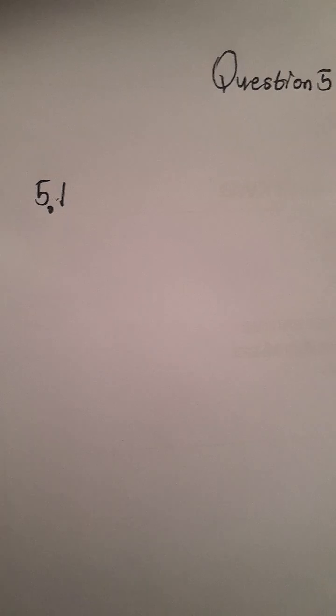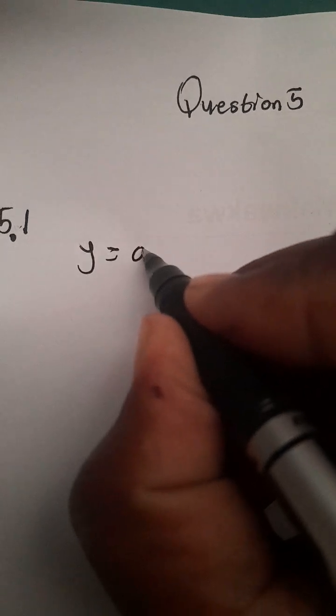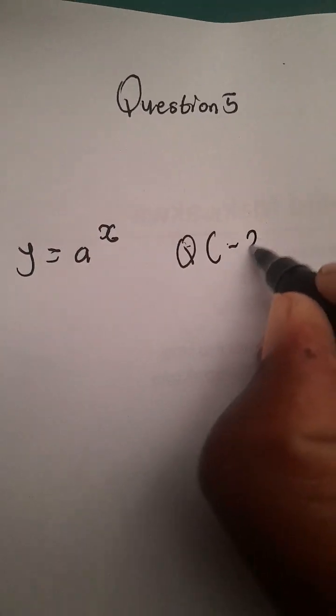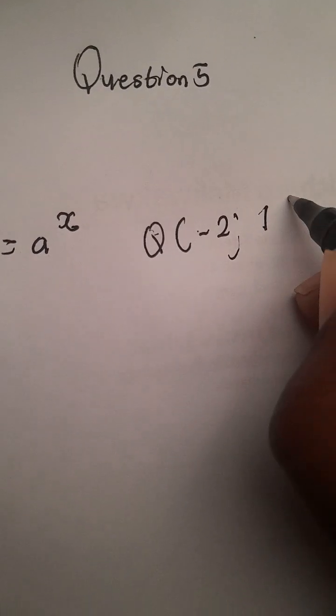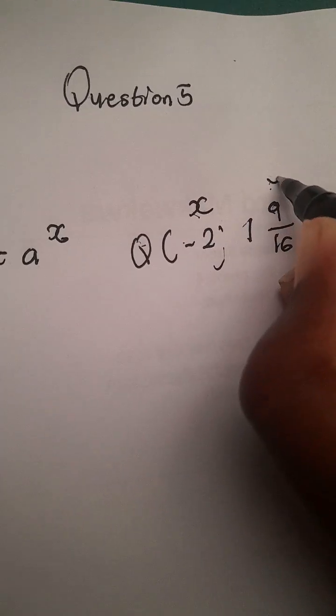Let's put that into practice. At 5.1, remember we are given that f(x) = a to the power of x, and we're given point Q, which is (-2, 1 and 9 over 16), where this is x and this is y.